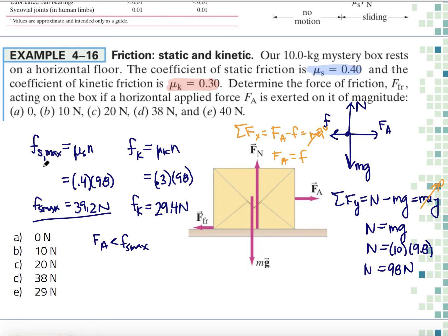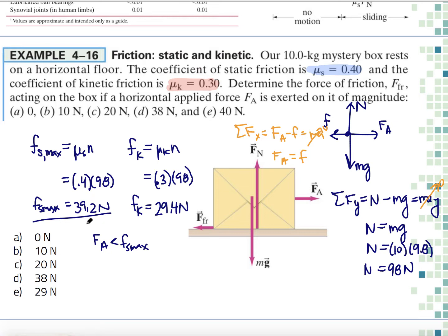So for the case of A, where I only apply 0 newtons, then my friction force is 0. When I apply 10 newtons, my friction force is 10 newtons. When I apply 20 newtons, my friction force is 20 newtons. When I apply just barely underneath the static friction force, then I am still not moving. So I am applying 38, and I'm getting 38 newtons back in friction force, resisting my motion.